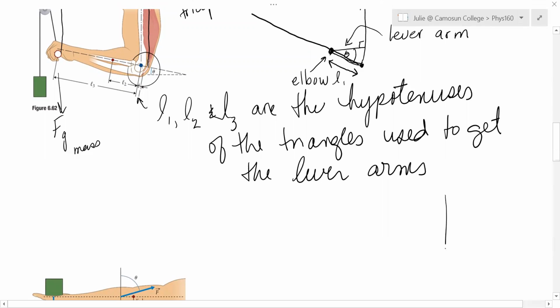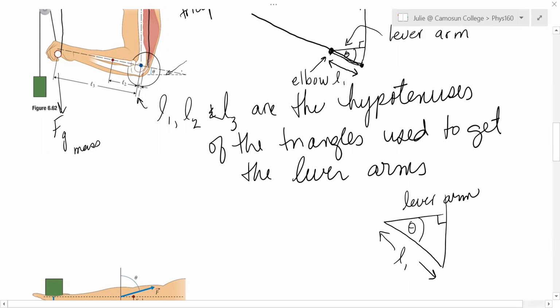So here's the triangle. That's 90 degrees. This is the lever arm, and this is the distance along your body. This angle is theta. It's the angle between the horizontal and the angle of your arm.